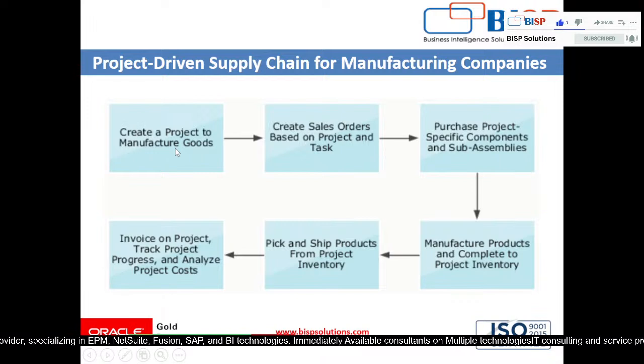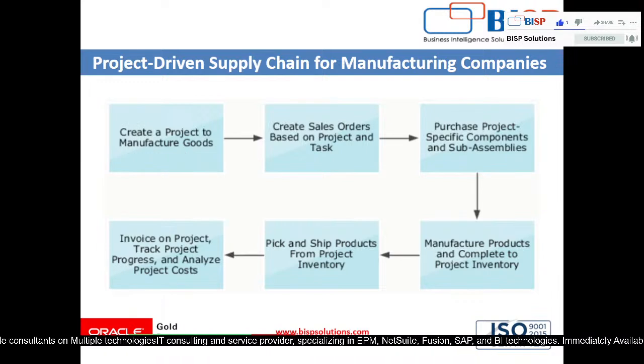Then we create the sales order based on the specific project and specific task, right? Under this created project, under this first task, the project is to create the manufacturing good. So we have to create this sales order based on the specific project and the specific task, right?